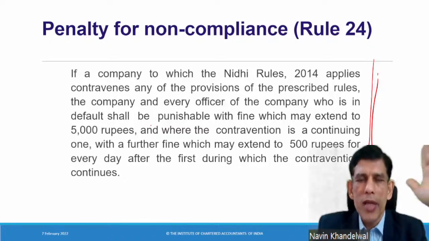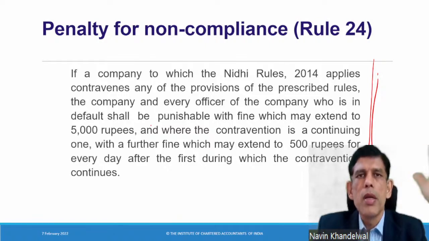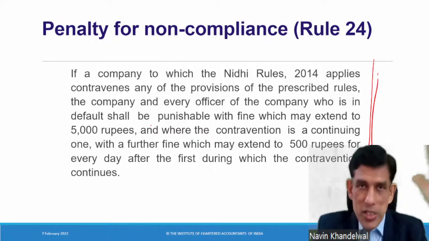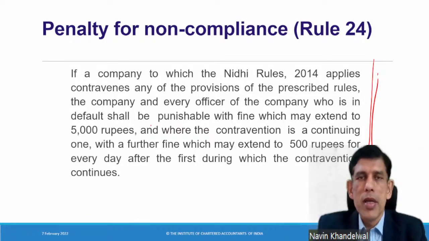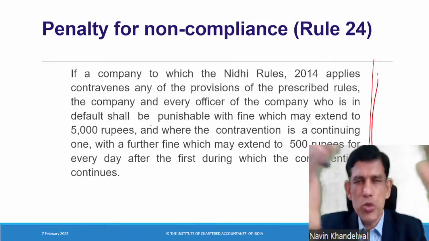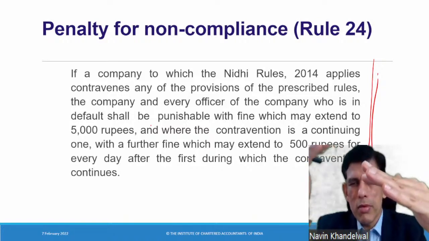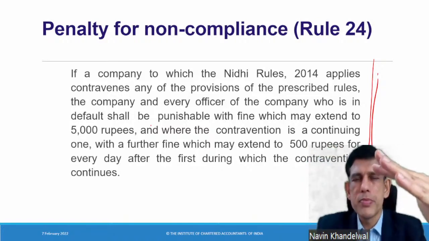So the criteria and conditions for incorporation are given. Conditions for forming Nidhi companies are given. Conditions for share capital are given. Conditions for accepting deposits are given. Conditions for giving loans are given. If you remember all these conditions, you can very well ignore the deposit part.